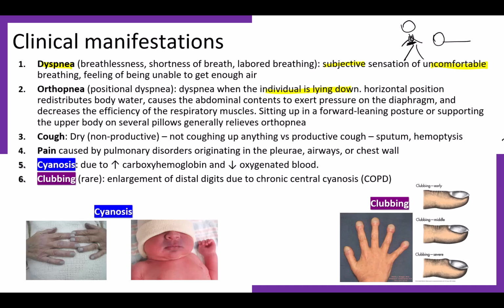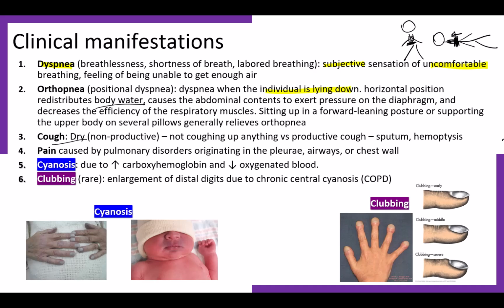But when the person is lying down, the lungs are sort of horizontally positioned, and so it's really hard for diffusion of air. And also, it says here, distribution of body's water. And when you're lying down, the abdominal contents put pressure on the diaphragm, so the diaphragm can't work as efficiently.